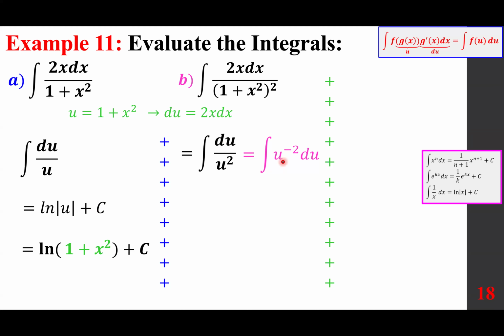Now, we've done this before. In fact, in the previous page, 1 over -2 plus 1, u to the power of -2 plus 1 and a constant. And just this part, this becomes negative, right? Becomes -1.